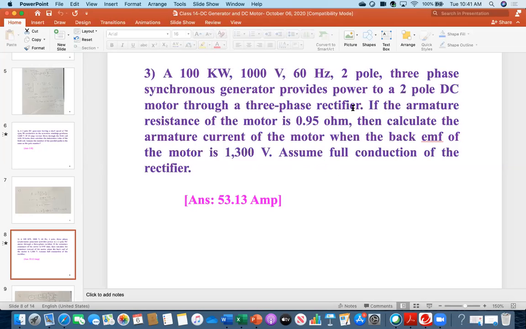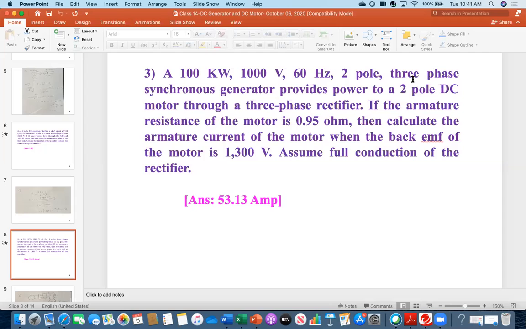This means Vt is coming from the 3-phase rectifier, and that 3-phase rectifier is getting power from a 3-phase generator. That is the meaning of this. And this is the very first line, 100 kilowatt, 1000 volt, 60 hertz, 2-pole. These all are the ratings for the synchronous generator. And that is providing power to the 2-pole DC motor via a 3-phase rectifier.